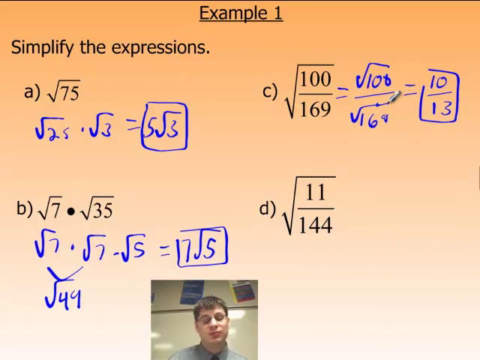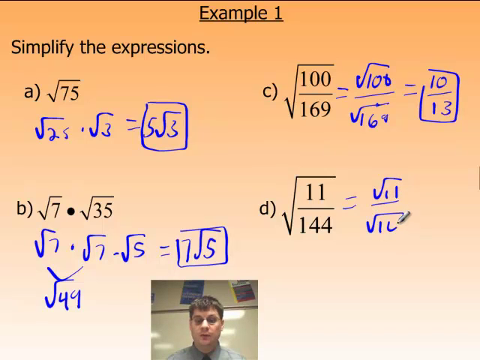In some cases, they're not both perfect squares. Let's take the case of the square root of 11 over 144. So I'll write these separately. The square root of 11 divided by the square root of 144. Well, for 11, there's no perfect square that goes into 11, so I'm just going to leave that as the square root of 11.